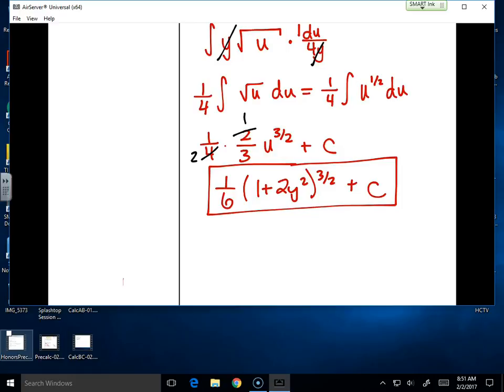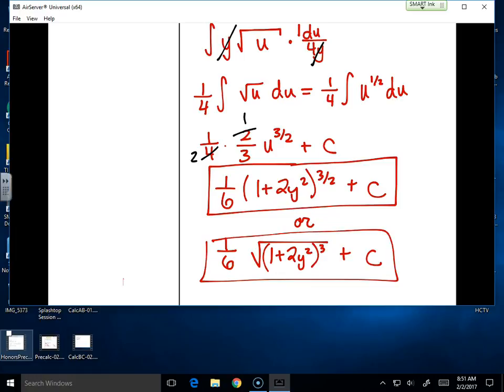What if the AP guys didn't have that as a multiple choice answer? Would you just automatically go to none of these? No. Would you make sure that they hadn't written it in some other funny way? Isn't that the same thing? Remember, dividing by 2 is just a root.